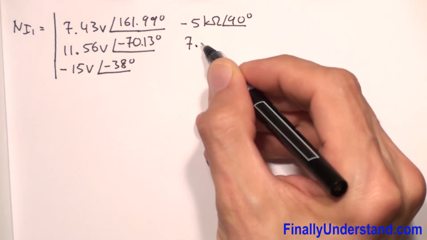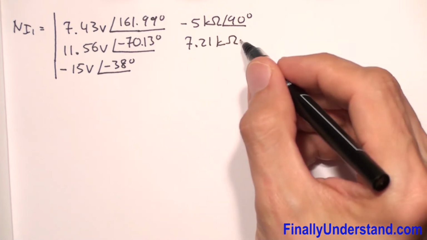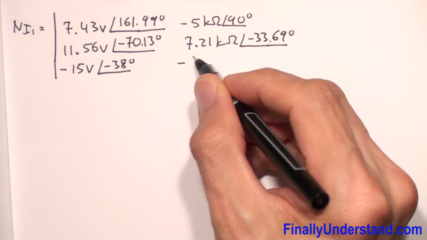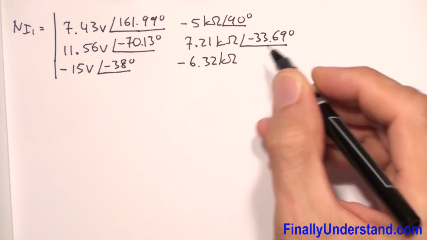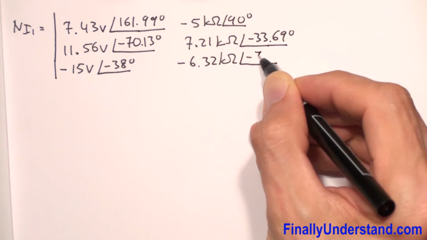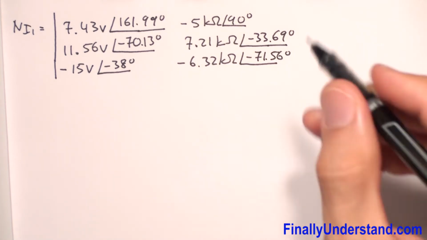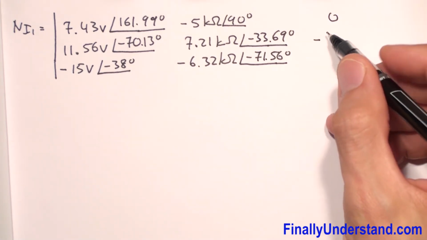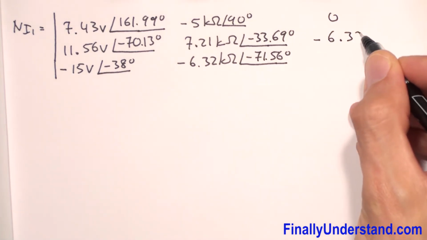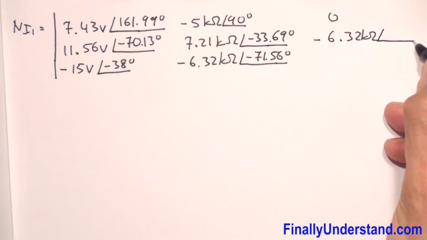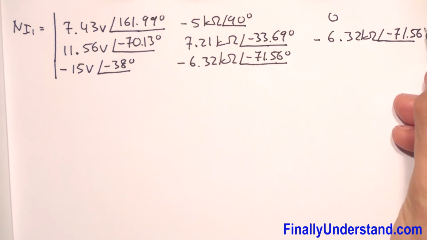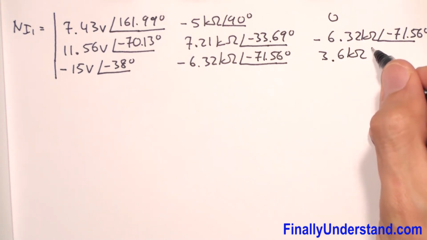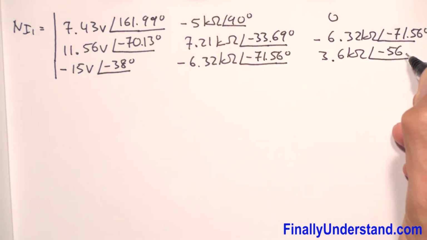We have 7.21 kilo ohms and angle of negative 33.69 degrees, and I have negative 6.32 kilo ohms and angle of negative 71.56 degrees, and I have 0, and I have negative 6.32 kilo ohms and angle of negative 71.56 degrees, and I have 3.6 kilo ohms and angle of negative 56.31 degrees.